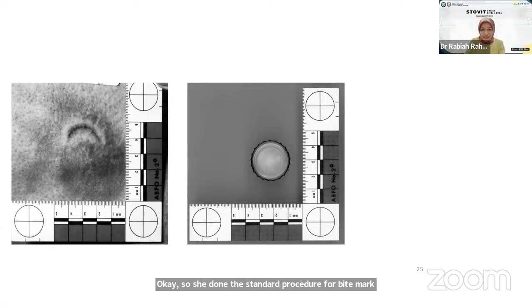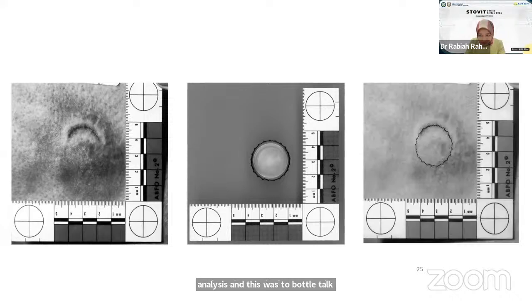She superimposed it, and there you go. It fit the so-called bite mark injury perfectly.